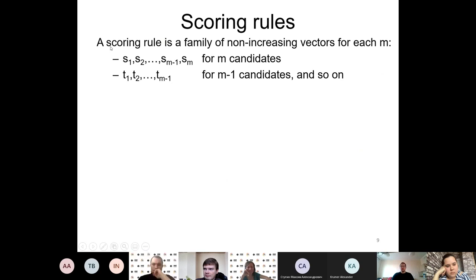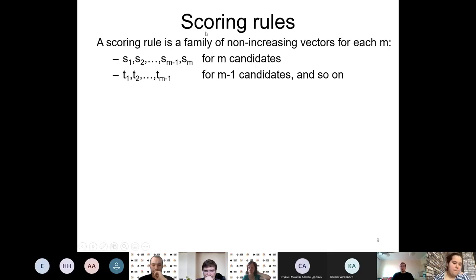And scoring rules. What is a scoring rule by definition? A scoring rule is a family of non-increasing vectors for each number of candidates. For instance, we can have S1, S2, and so on, Sm, which is the scoring vector when we have m candidates. But possibly we could have m-1 candidates in our sporting competition.